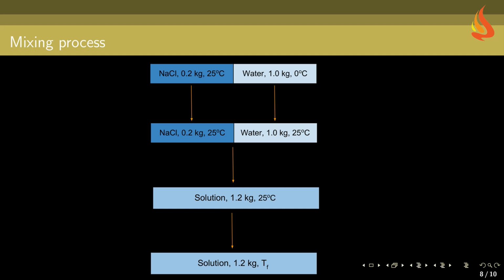We then take water to 25 degrees Celsius, because the next step is the mixing of sodium chloride with water, and the enthalpy of the solution is available at 25 degrees. After mixing in this virtual process, the solution is at 25 degrees Celsius and it needs to be taken to its final temperature, which we do not know, but we will find out by solving the energy balance.